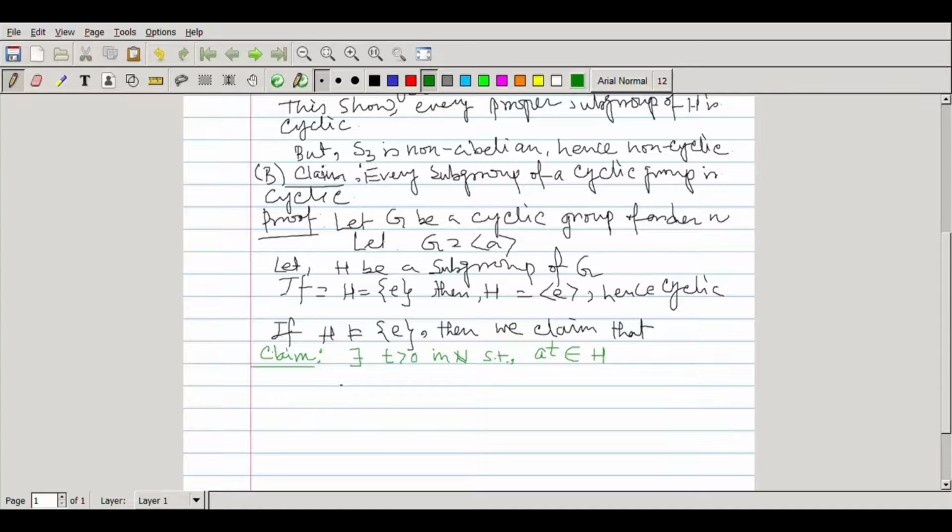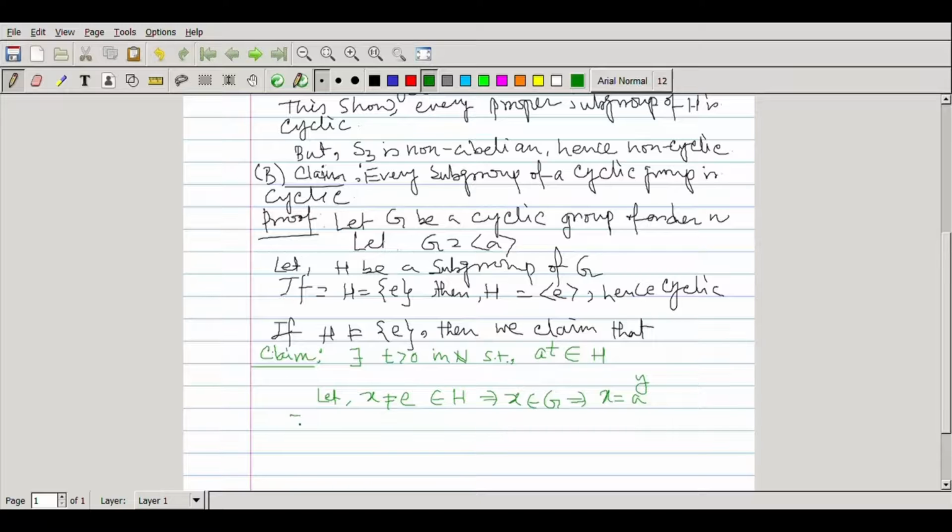Since there exists some element outside the identity element in H, let x not equal to e be in H. Clearly x is also in G. This implies x is of the form a to the power y.